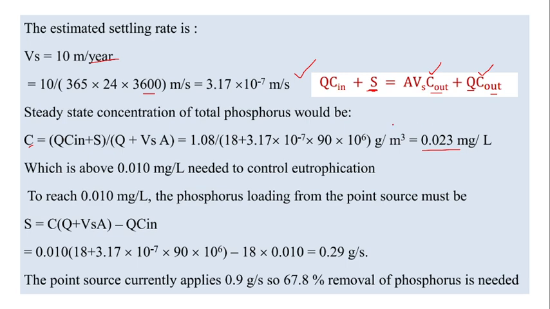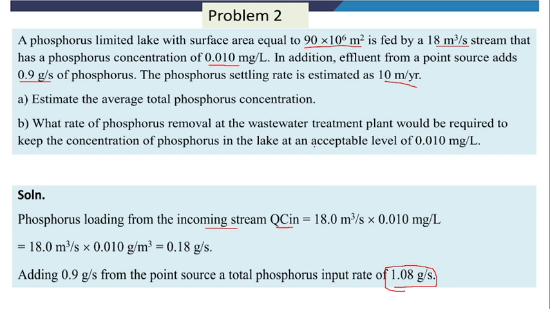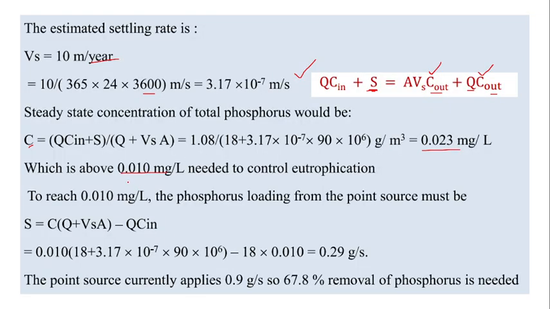This is the outlet concentration of phosphorus in the river. This outlet concentration of 0.023 is exceeding the value of 0.010. They have mentioned that the acceptable level of phosphorus in the stream is only 0.01 mg per liter, but the output stream has a concentration of 0.023.